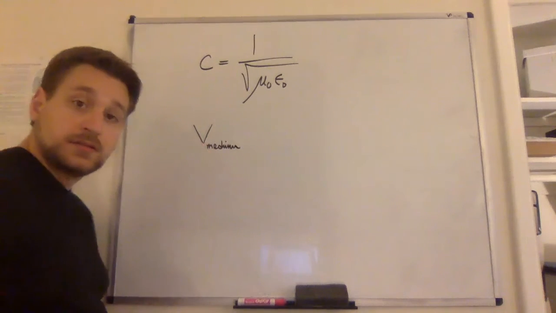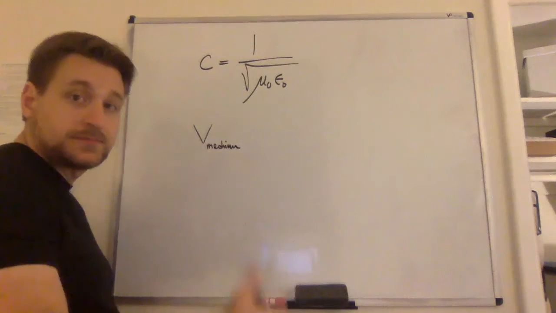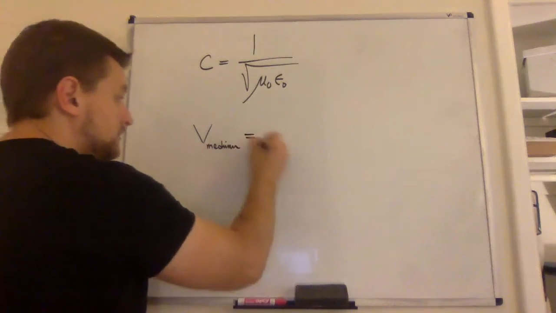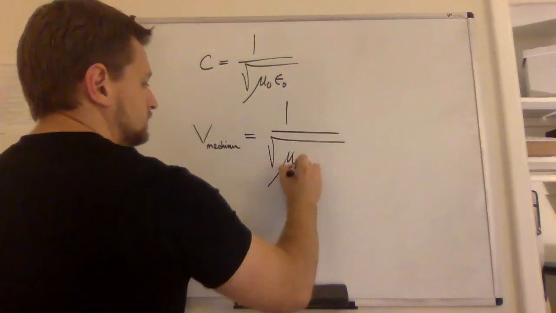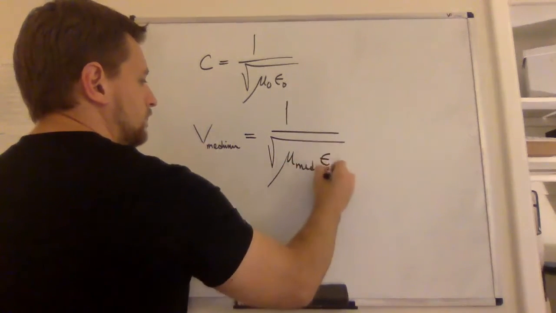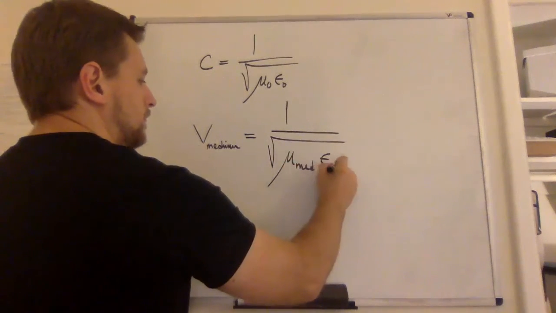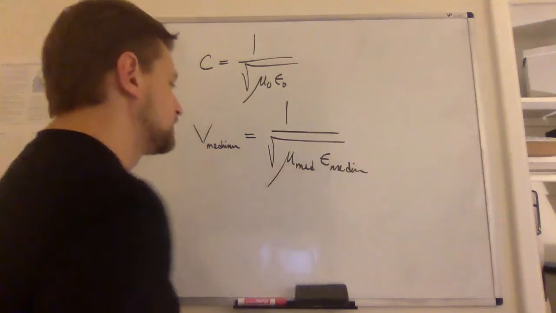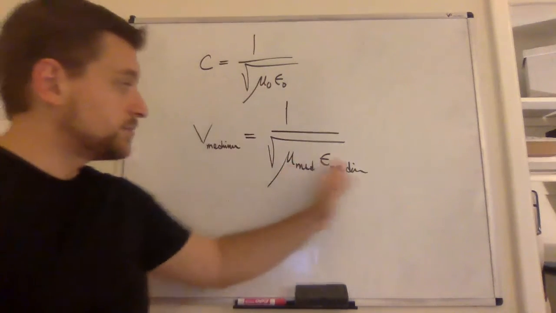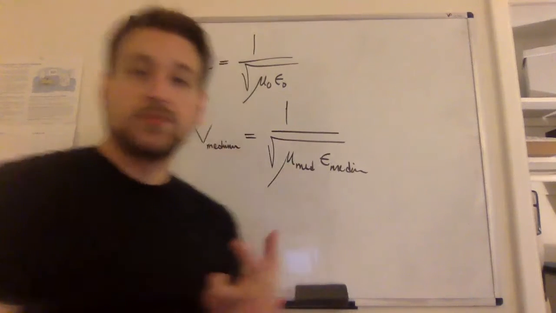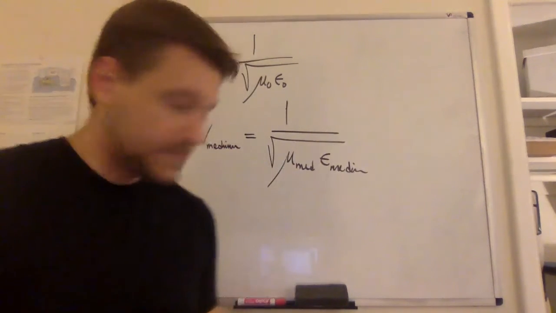The speed with which electromagnetic waves, light, travel in some medium is the same expression, just we sub in the permeability and permittivity of the medium.